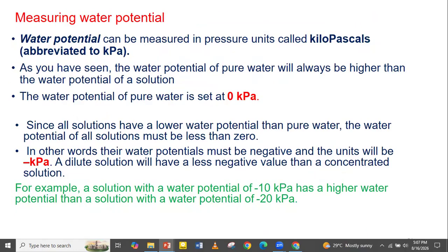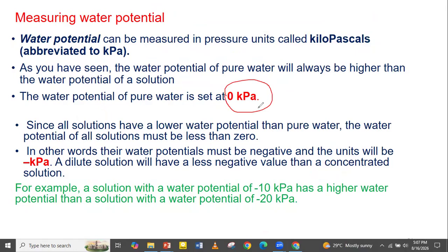Now, water potential can be measured, and the units used are kilopascals. From this, I want you to note that pure water or distilled water has the highest water potential because it has nothing dissolved in it. It has very many free water molecules that are not attracted to any solute. And the highest water potential is 0.